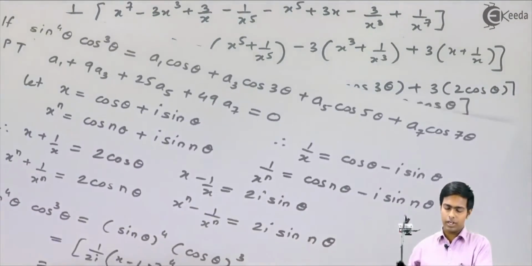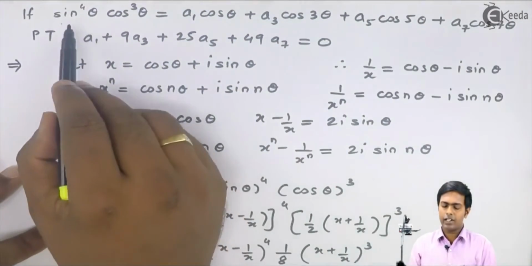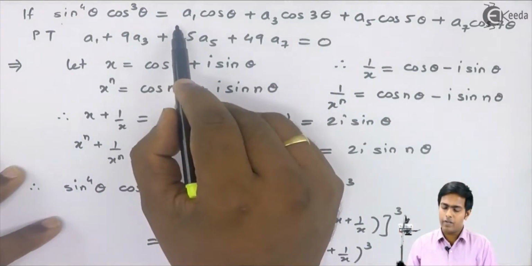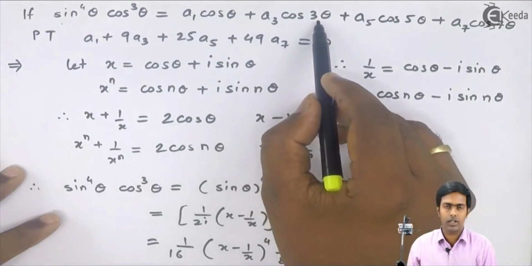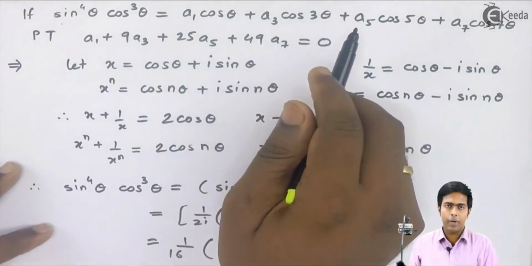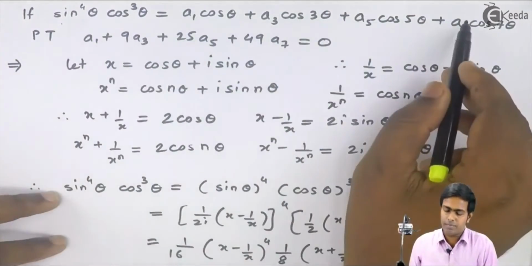Now in the question it was given that the answer of sin raised to 4 theta into cos cube theta is this, where a1 was the coefficient of cos theta, a3 is the coefficient of cos 3 theta, and so on. And we have to prove this. So we will compare the result with the given term.